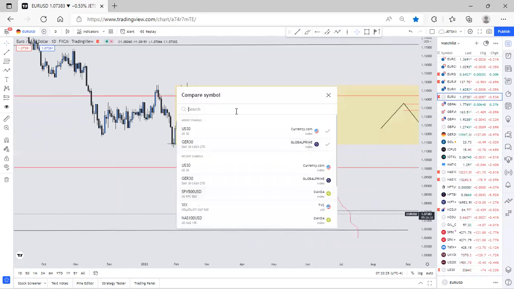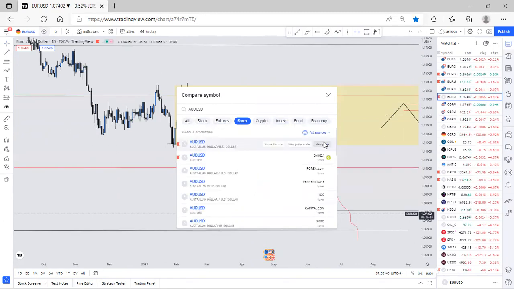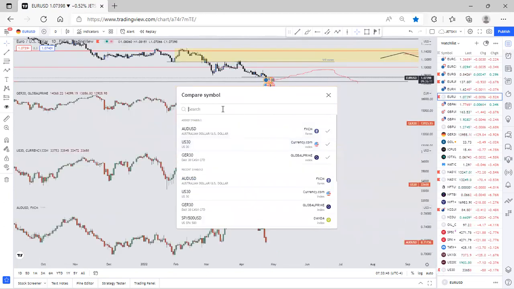Let's take AUD USD, right? And then we're going to be taking what else?